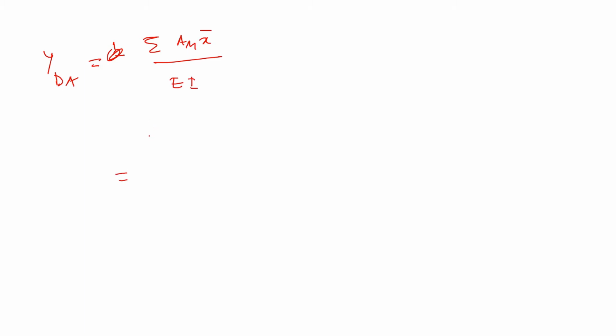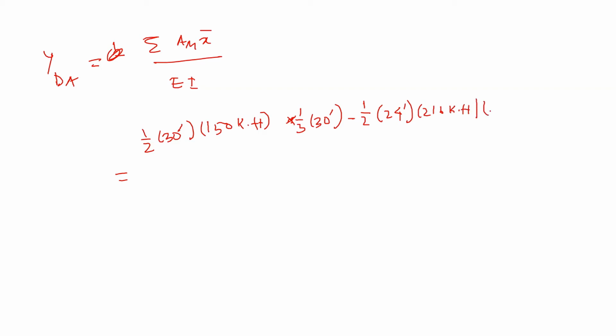So it is basically half times base, which was 30 foot, times 150 k-foot, times 1/3 of 30, that's the centroid, minus the second longest triangle, which is half times base 24 foot, 216 was the moment height, and then the centroid is 1/3 of 24 foot, plus the smallest triangle, which is 1/2 of base 6 times 66 times 1/3 of 6.